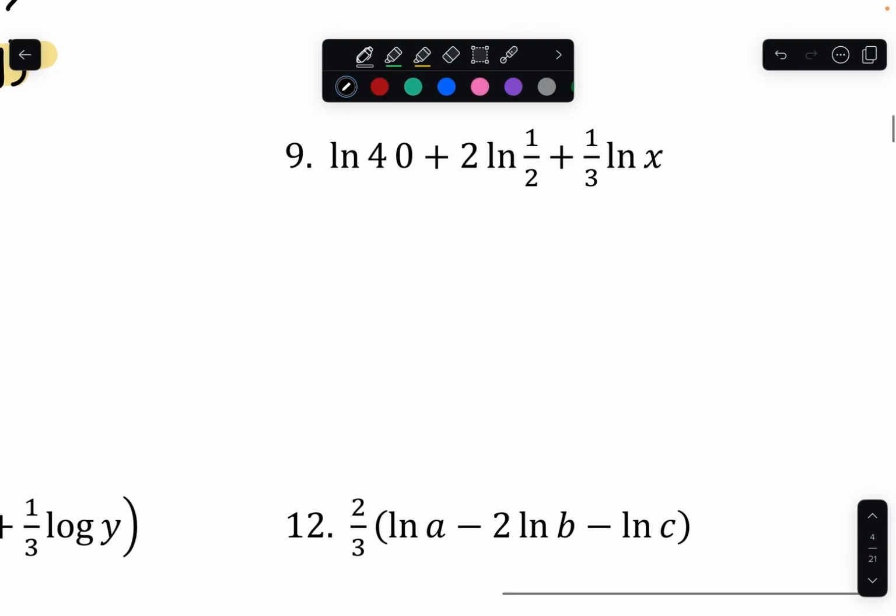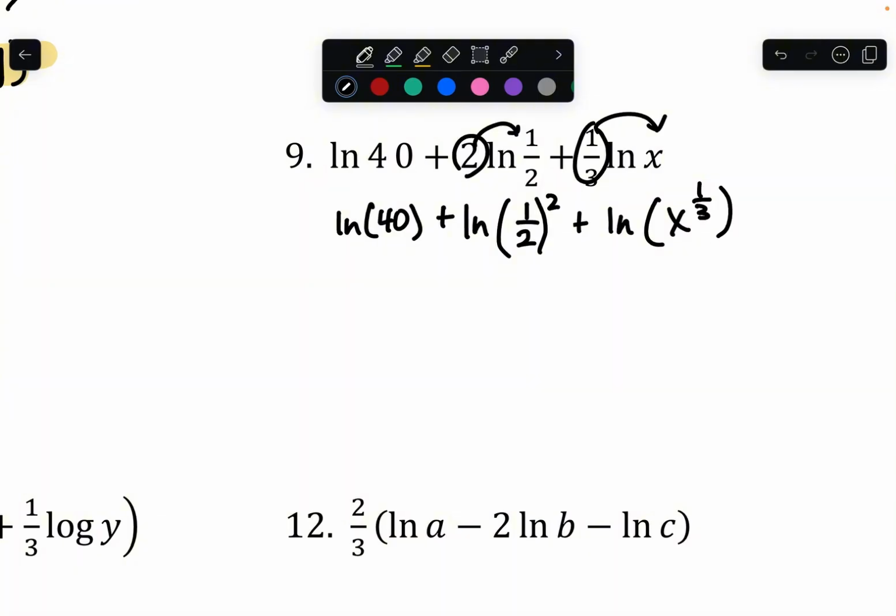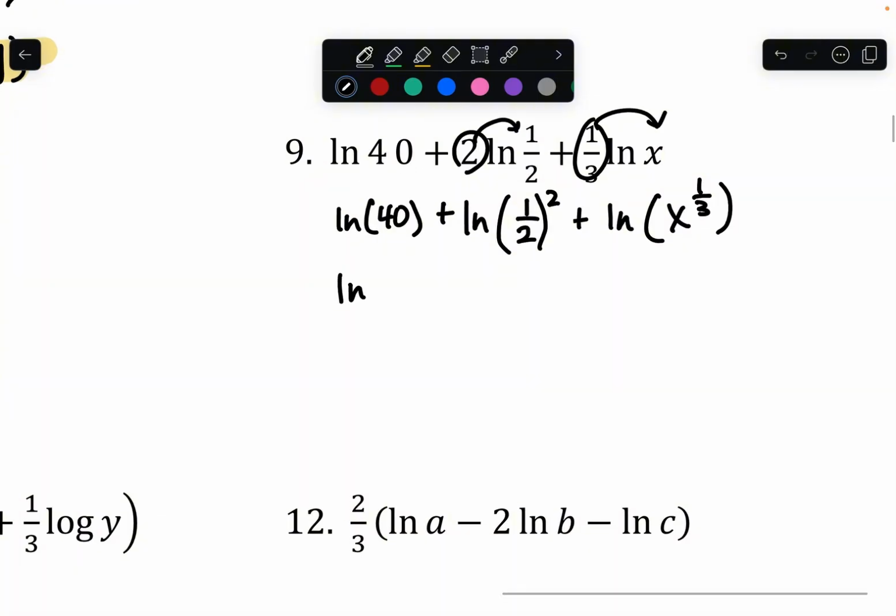Okay, this next one, the first thing I want to do is put everything inside the logs. And so this 2 needs to go inside, this 1/3 needs to go inside. And so when they're inside, those become the exponents. And then to simplify, 1/2 squared is just 1/4.